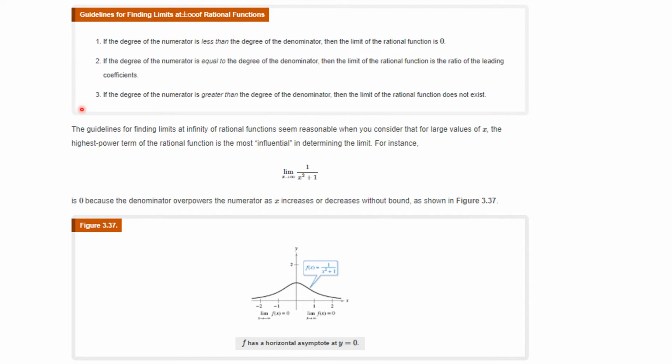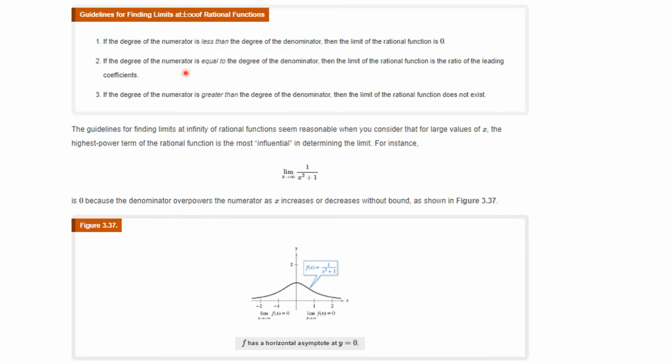Okay, so this sort of summarizes the discussion that we've had thus far. If the degree of the numerator is less than the degree of the denominator, the limit will be 0. If the degree of the numerator is greater than the degree of the denominator, it goes to infinity, and the limit does not exist as a real number.